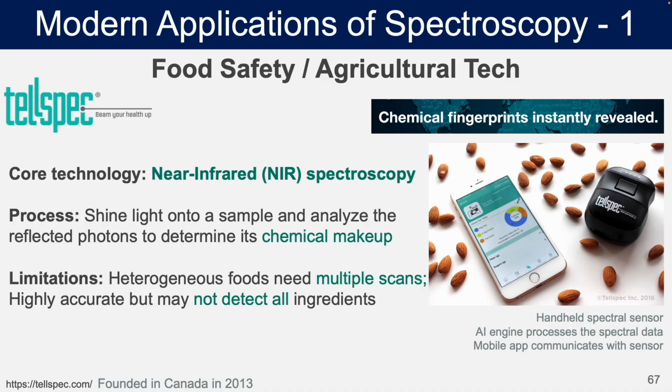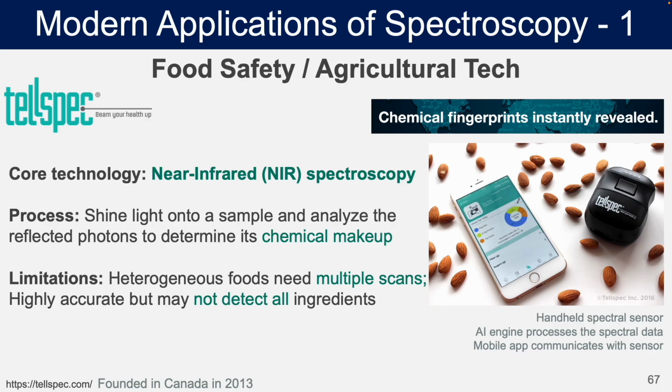Let me give you some examples of modern applications of spectroscopy. First, food safety. Imagine a handheld sensor that shines near infrared light on your food and instantly reports its chemical composition. This isn't science fiction, it's real. Near IR spectroscopy combined with artificial intelligence can identify contaminants, check ripeness, and even verify authenticity.